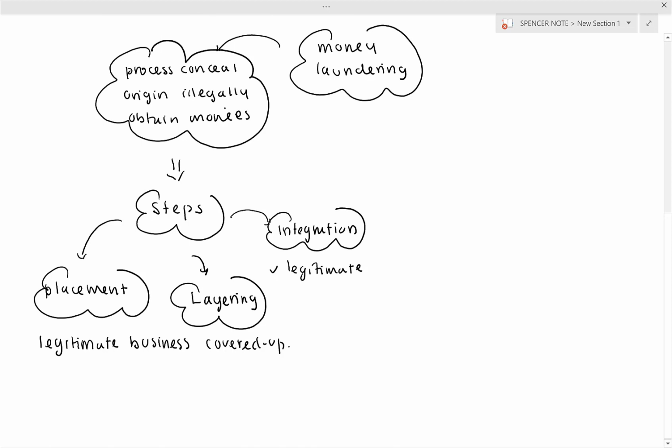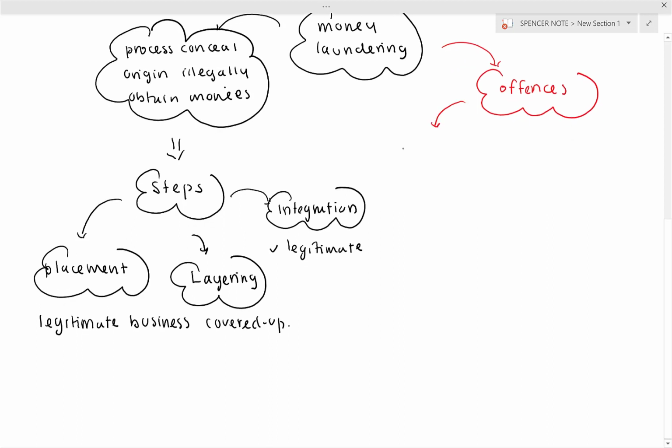So what are the offenses under money laundering? First, an individual who acquires, possesses, or even conceals a criminal property is basically committing an offense under money laundering.